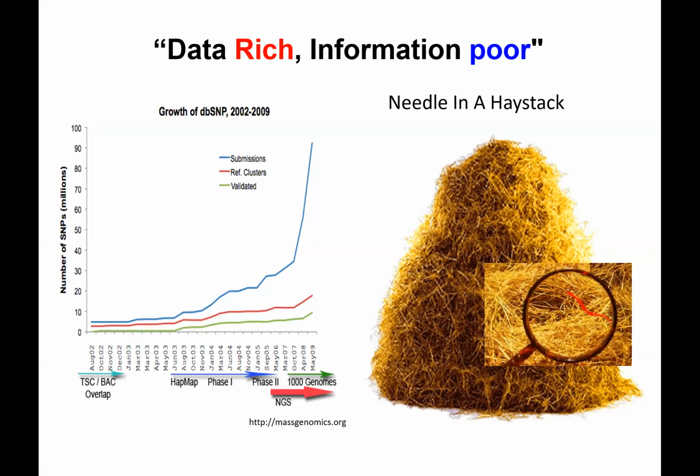Right now, dbSNP already includes over 100 million genetic variations. But in humans, most of these variations are functionally neutral. So we want to find the ones that play very important roles, like those associated with certain diseases such as cancers. This is like finding a needle in a haystack.